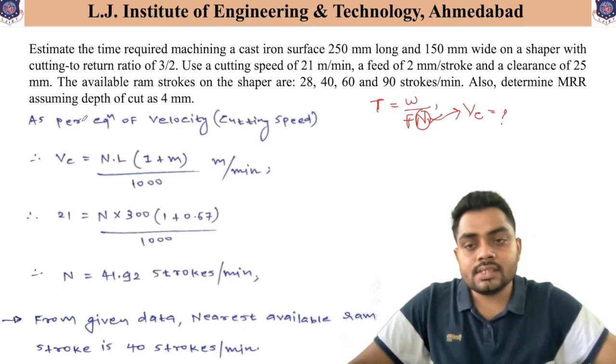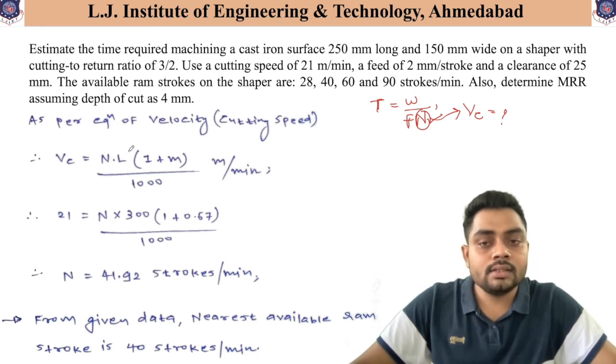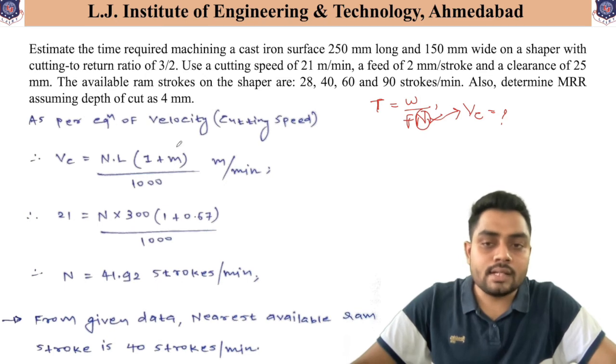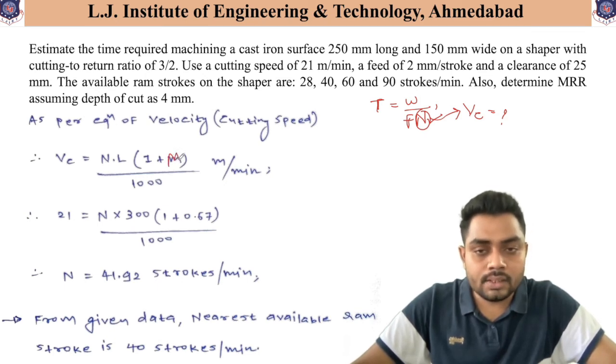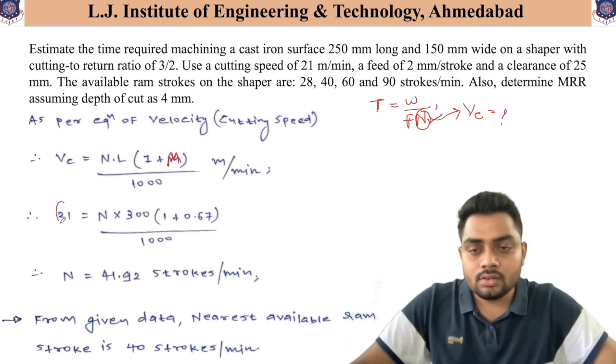The standard equation for the cutting speed is Vc equal to N, the number of strokes, into L, multiplied by 1 plus M, divided by 1000. This small m is nothing but the capital M, the reciprocal of the quick return ratio. The cutting speed given is 21.